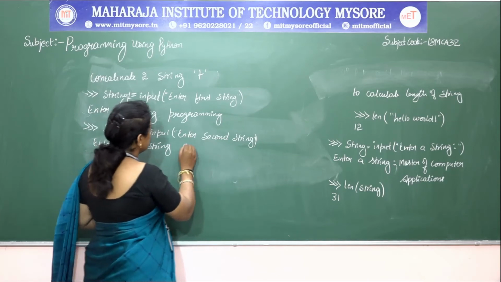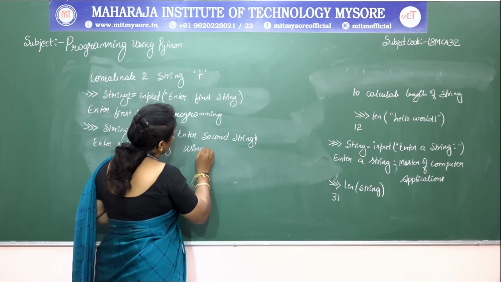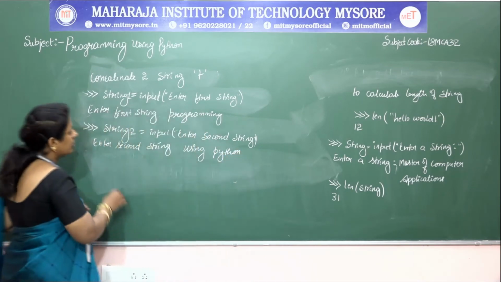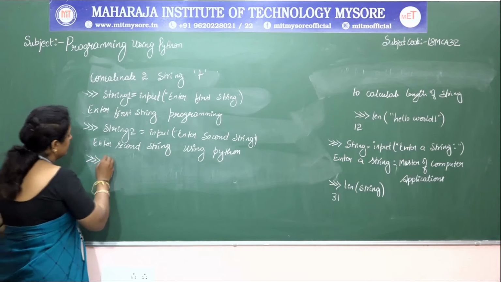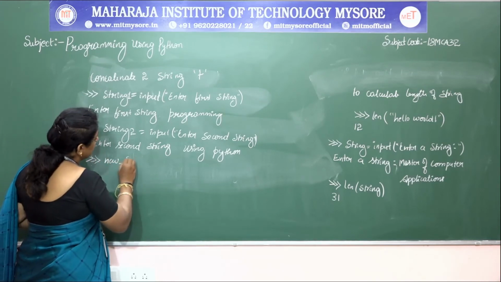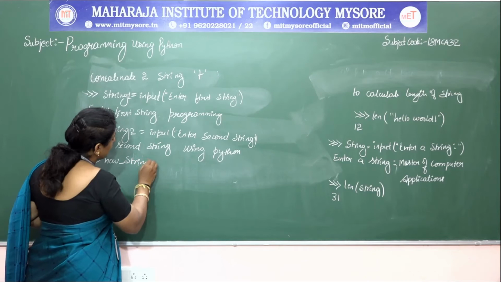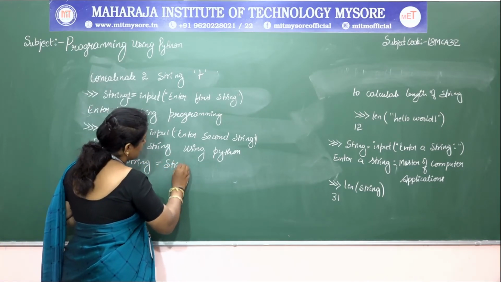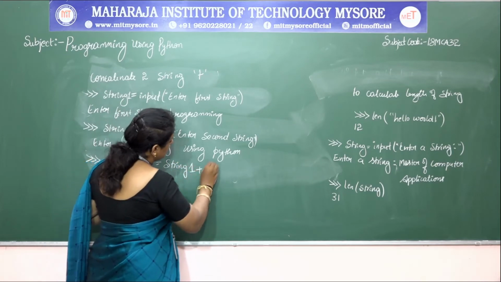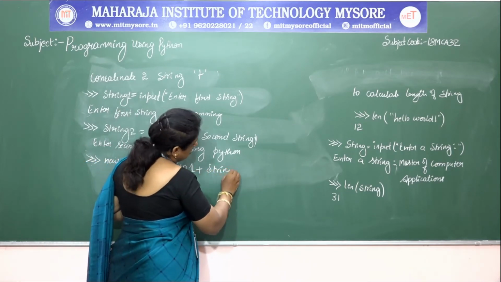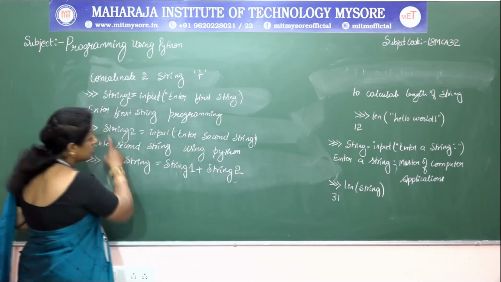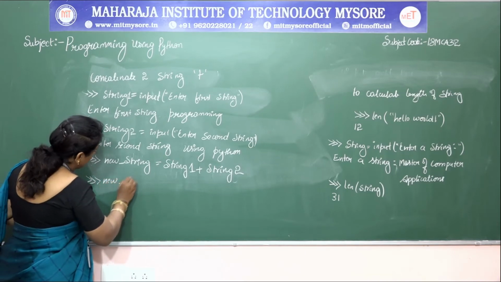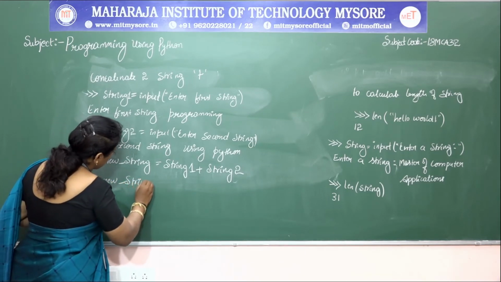I am writing using Python. After that I am concatenating string 1 and string 2 and assigning the value to a new variable called new string, string 1 plus string 2. And just displaying the content of the new string.